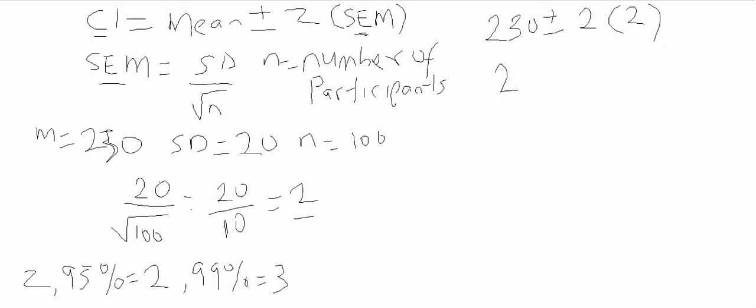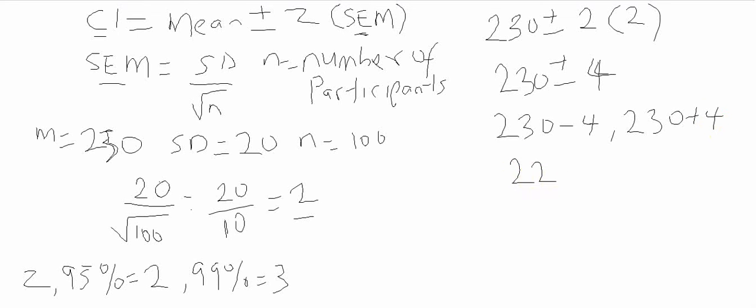So that's 230 plus minus 4, right? That'll be 230 minus 4, 230 plus 4. Now that'll be what? 226. So our confidence interval limit will be between 226 and what? 234.